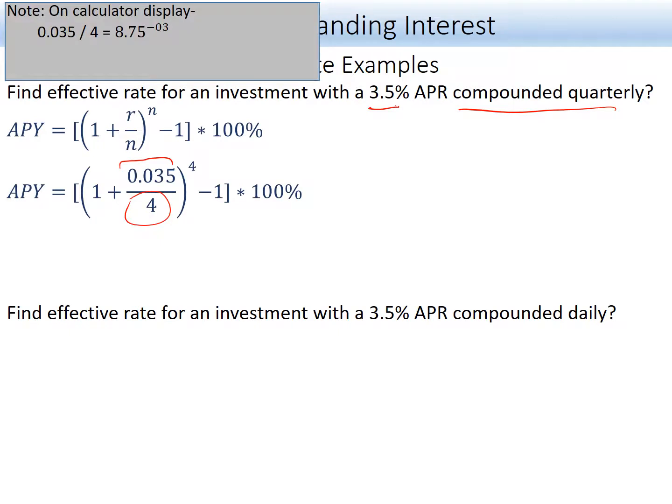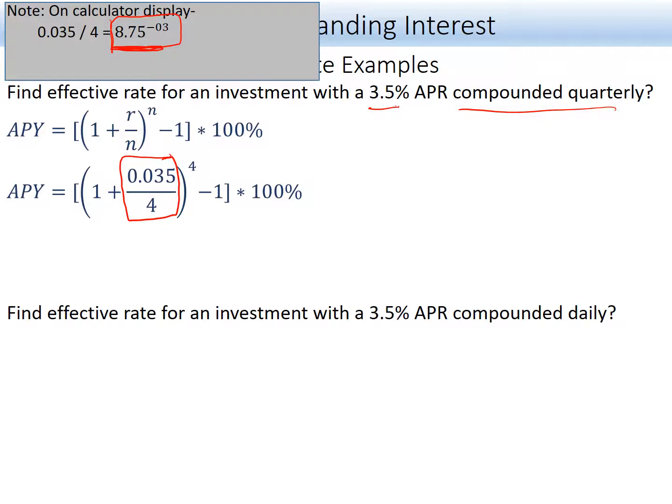Now here's something I hope you've noticed and handled well in earlier problems: occasionally you get something in your calculator that looks rather odd. In this particular case, if you take 0.035 and divide by 4, the calculator shows 8.75 with a superscript of -03.